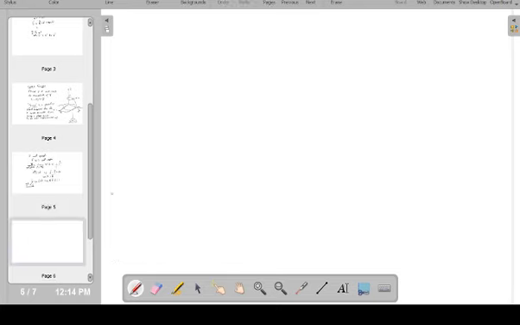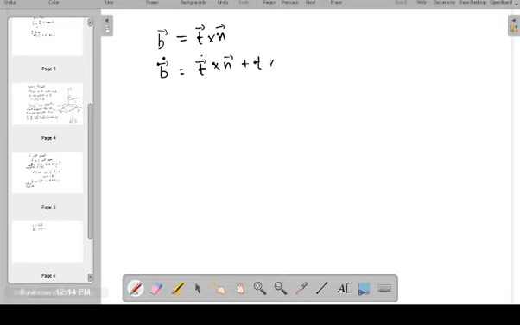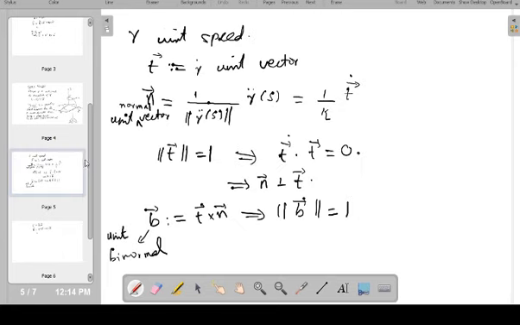Now look at B dot. B is T cross N by definition. So B dot is equal to T dot cross N plus T cross N dot. But what is T dot cross N?